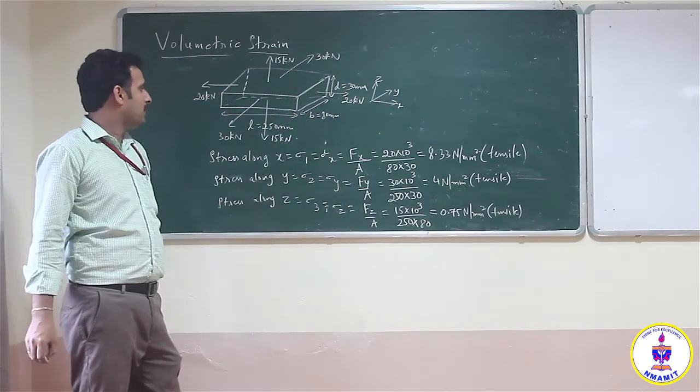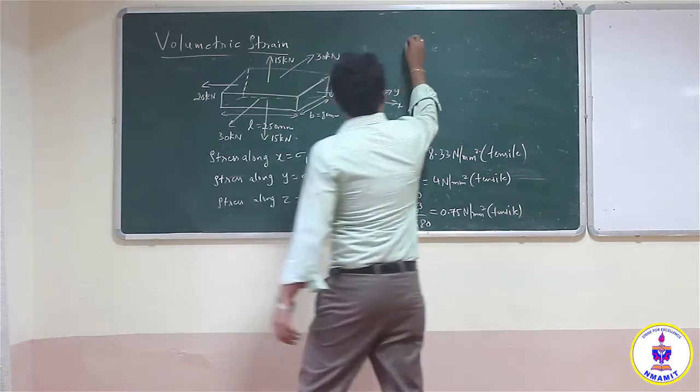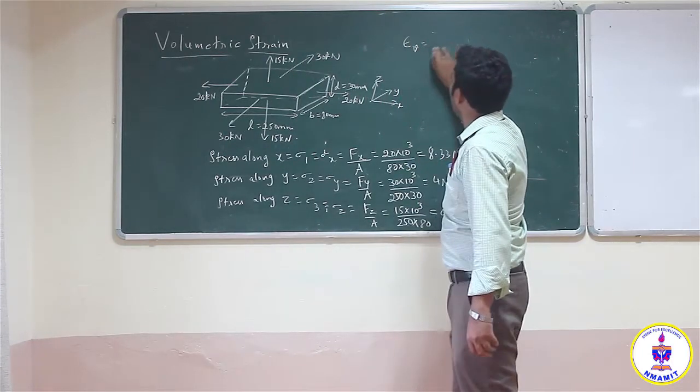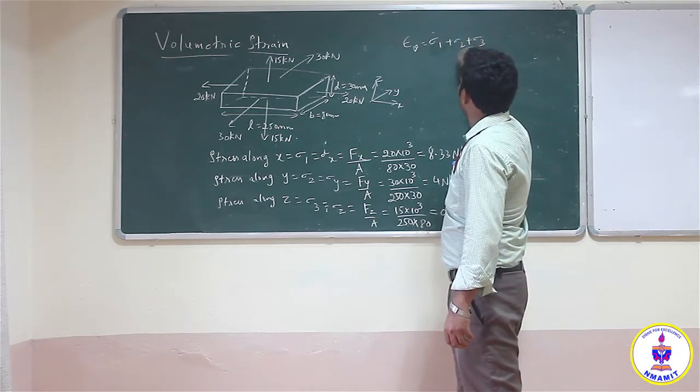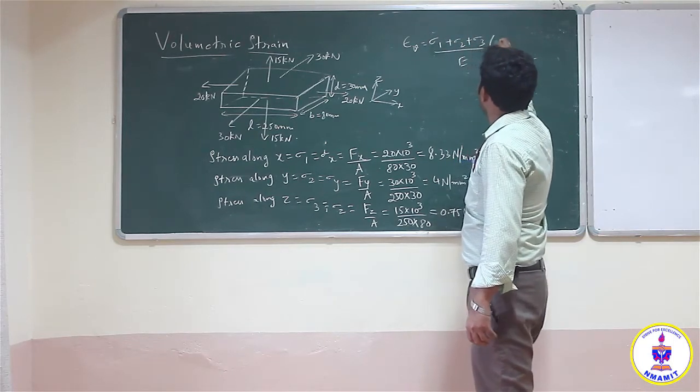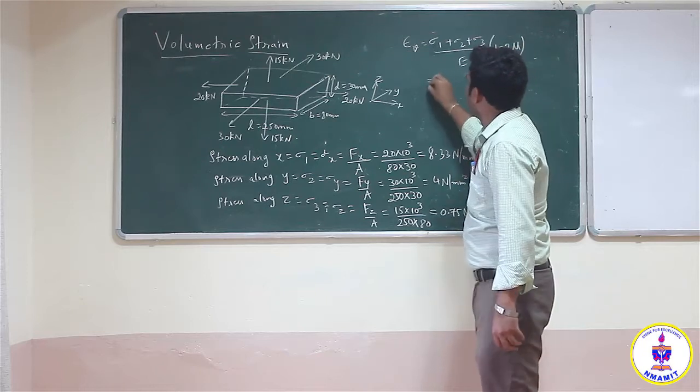So now, what is the volumetric strain due to these three stresses? We have the formula epsilon v equal to (sigma 1 plus sigma 2 plus sigma 3) by E into (1 minus 2 mu).